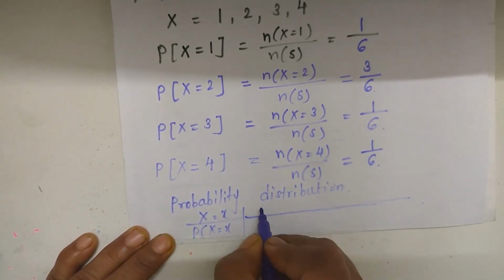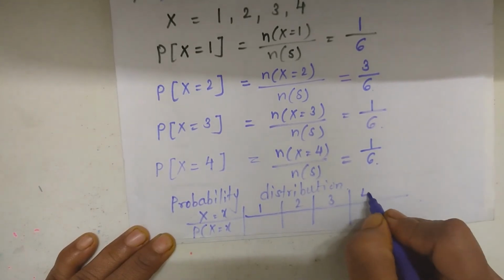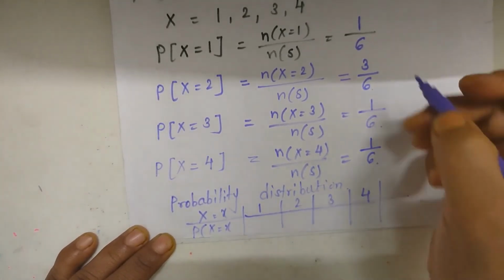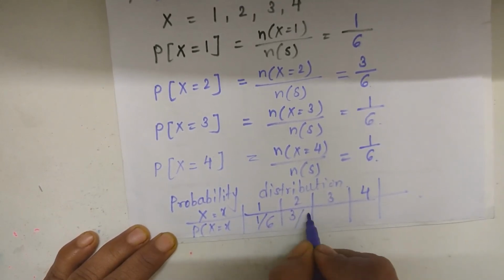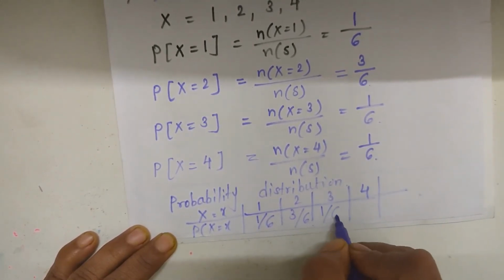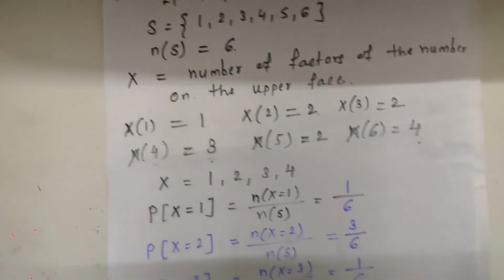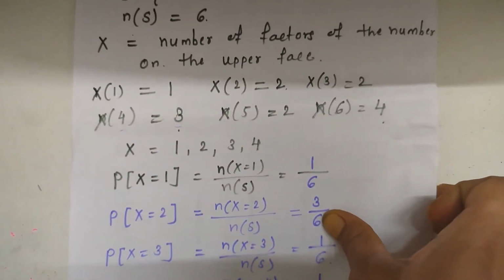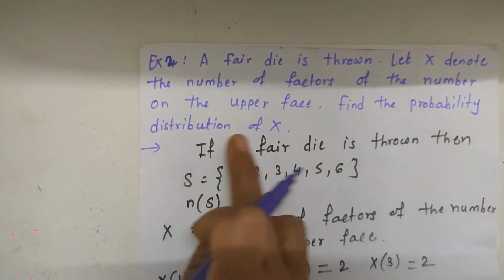Possible values of x are 1, 2, 3 and 4, and their corresponding probabilities are 1 by 6, 3 by 6, 1 by 6 and 1 by 6. In this way we get the probability distribution of the number of factors of the number on the upper face.